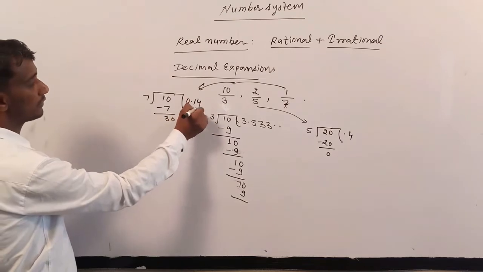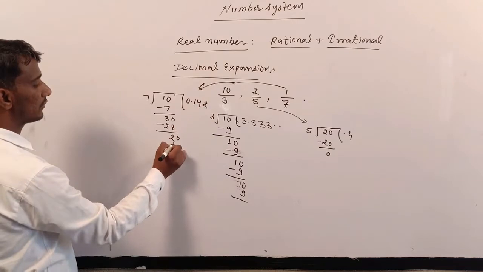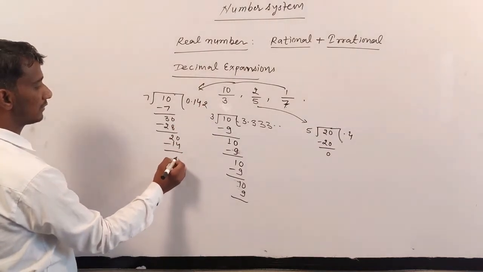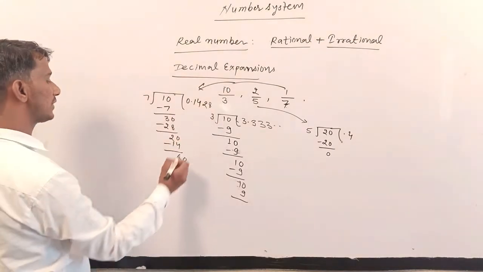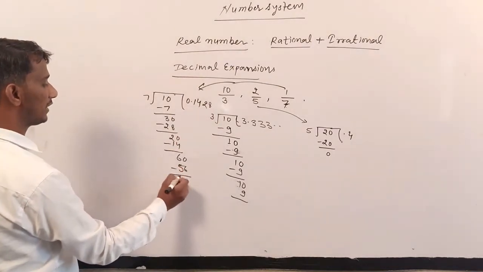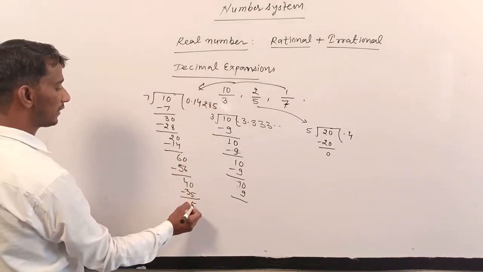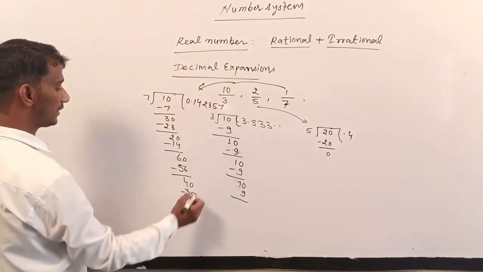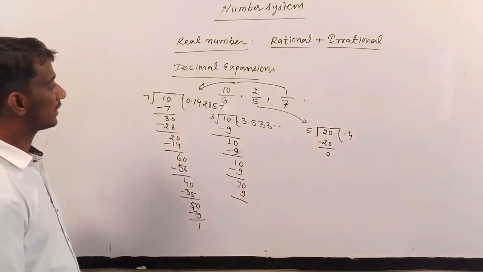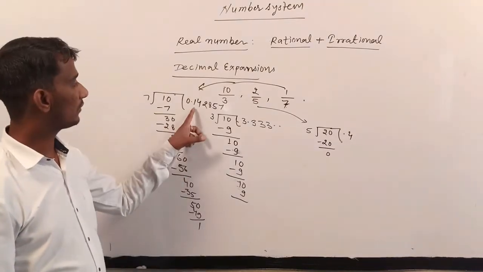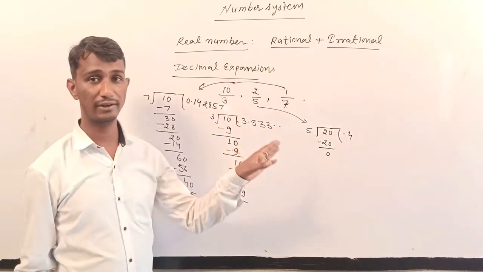Bring down 0. 7 fours are 28, remainder 2. 20, 7 twos are 14, remainder 6. 60, 7 eights are 56, remainder 4. 40, 7 fives are 35, remainder 5. 7 sevens are 49, remainder 1. Again 1 comes, which means the next cycle starts again: 1 4 2 8 5 7. After that again 1 4 2 8 5 7.